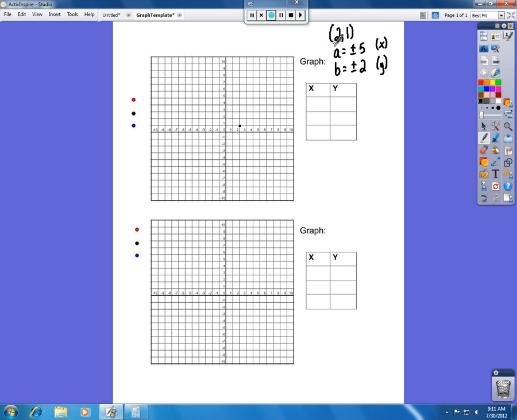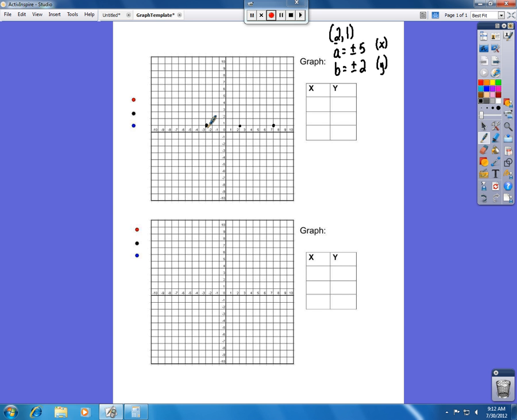So I'm starting at 2 because that's the x value. If I add 5, then I'm going to have a point at 7. If I subtract 5, I'm going to have a point at negative 3. So those are the vertices, I guess is the technical term, the vertices for the major axis.